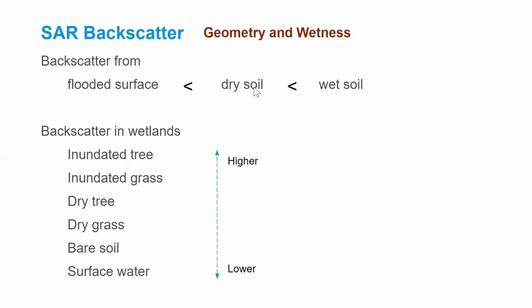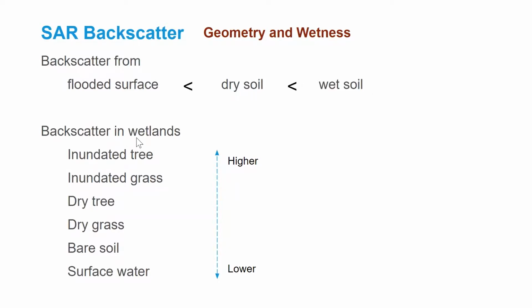If you have dry soil, it's not as smooth, so you get some signal reflected back, so you have increased backscatter. But if you have a wet soil, not so wet that it's completely flooded, but wet enough that it increases how much backscatter is reflected, then you also have an increased signal compared to a dry soil.